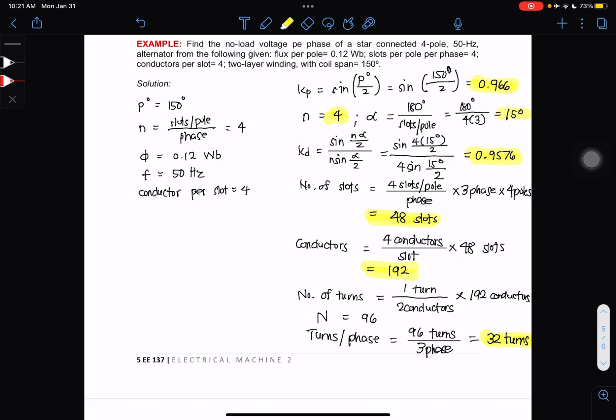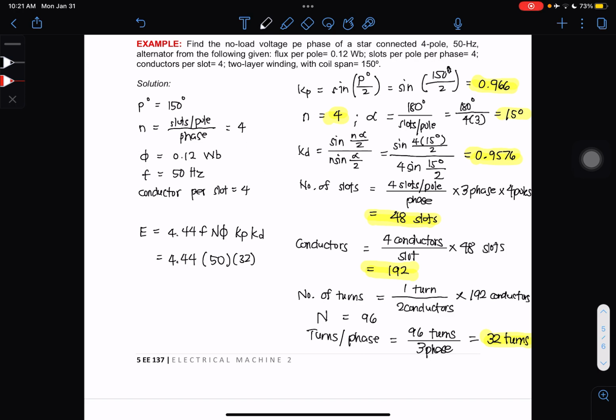So to substitute data from our corrected voltage, we have E is equal to 4.44 F N, the slots, the flux per pole, pitch factor, and distribution factor. So we have 4.44. Our F is 50 Hertz. Our N is 32.